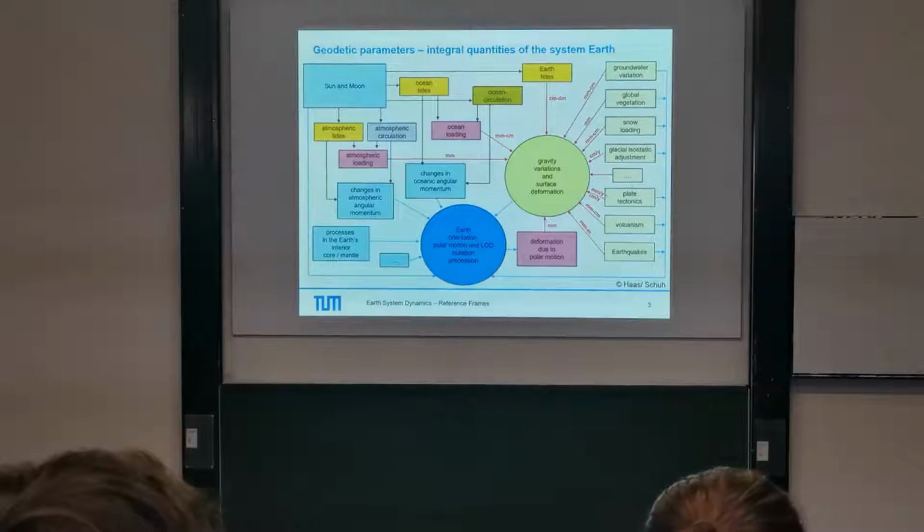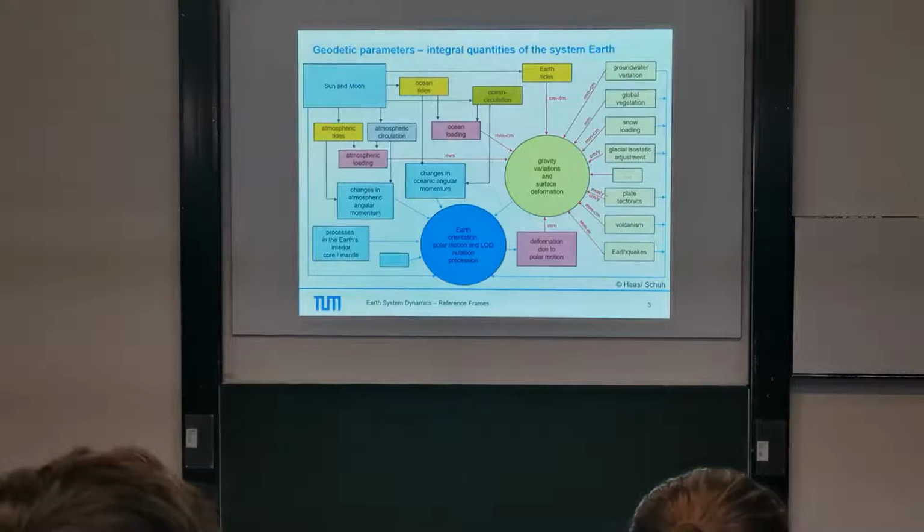And this is exactly what we want to talk about today, because we talk today about the TRF, the terrestrial reference frames, so the station coordinates, and we will also face some of the phenomena again and see to what extent they are impacting point positions fixed to the Earth's crust.